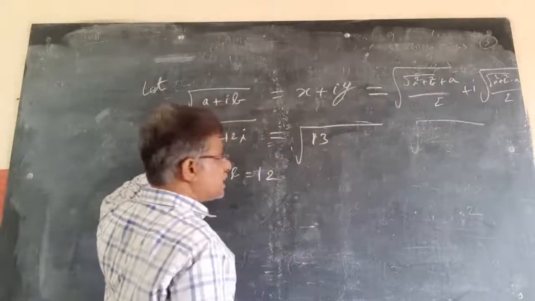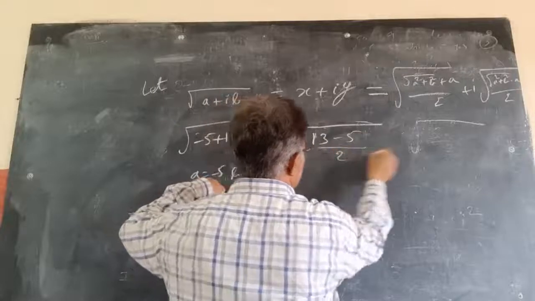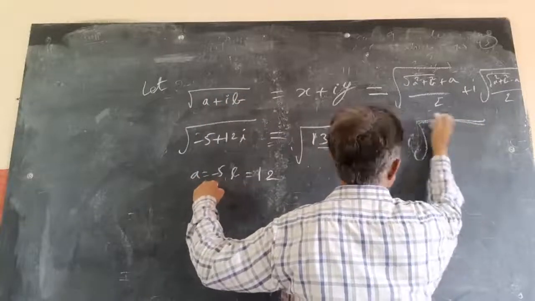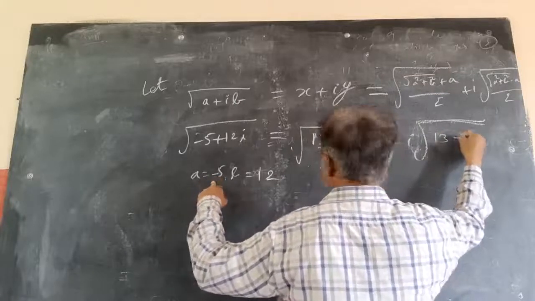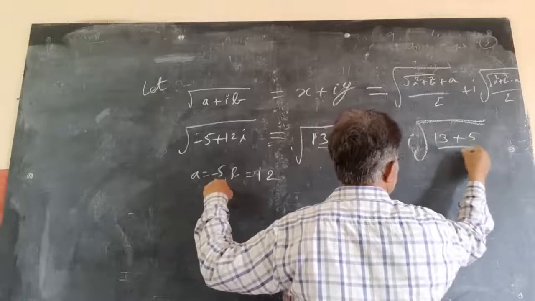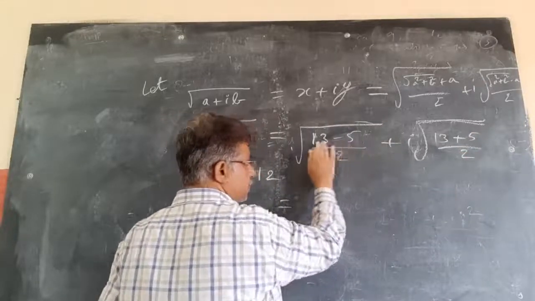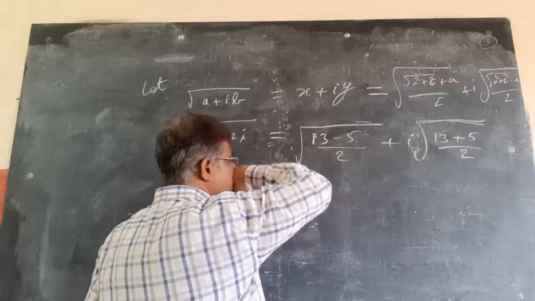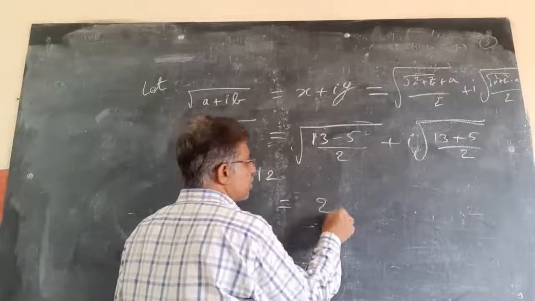Root of 169 is 13, plus a, which is minus 5, by 2, plus i into root of 13 minus of minus 5, that is plus 5, by 2. So this is the root of 13 minus 5, which is 8, by 2. Root 4 is plus or minus 2.